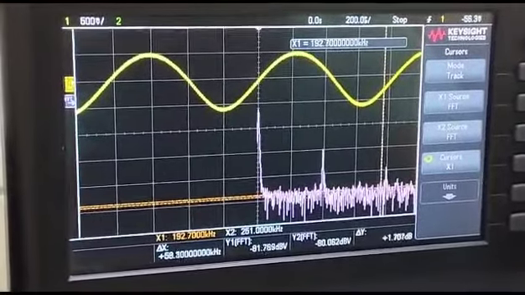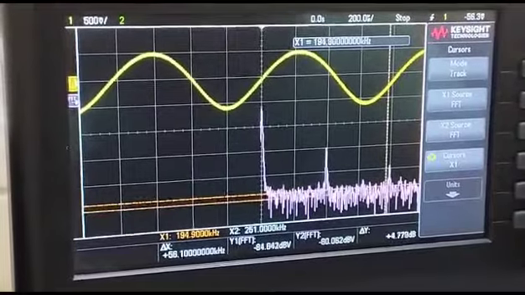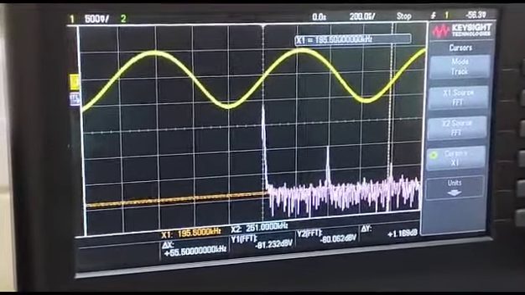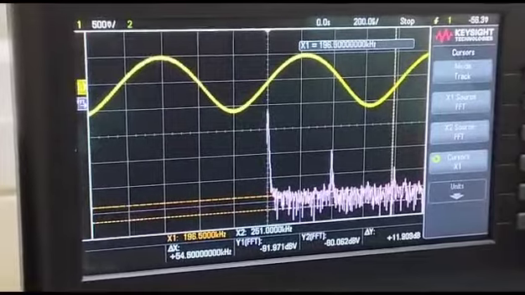Earlier the peak was almost closer to that of the 100 kilohertz part, 1 kilohertz, but now it is reduced significantly.